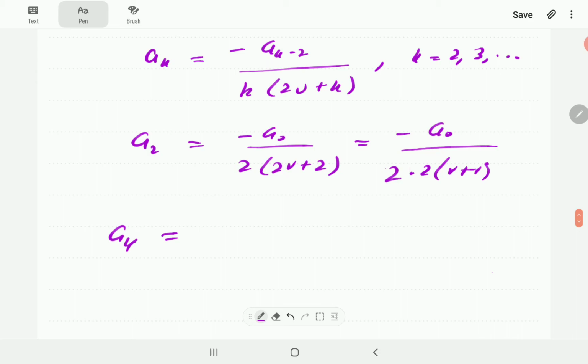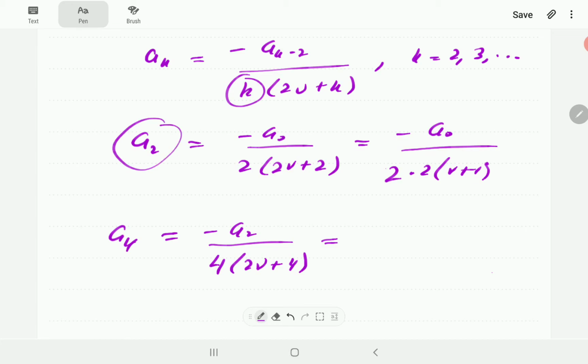So a4 is going to be minus a2 all over 4, k is 4. Then this is going to be 2 nu plus 4. But then if we plug in a2, this is going to be minus 1 over 4. We can factorize 2 here. So it's going to be nu plus 2.